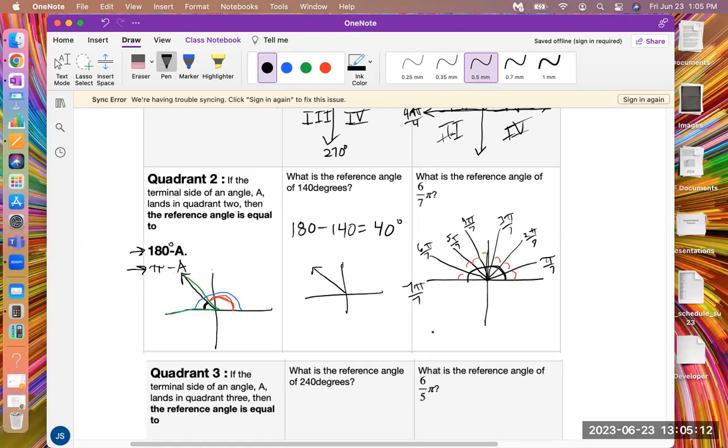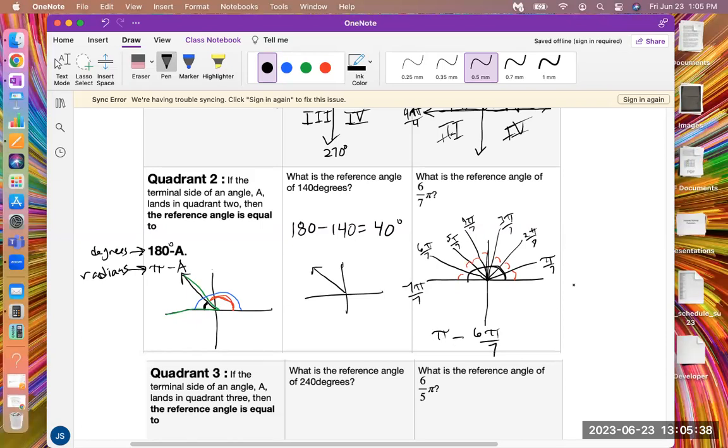So we need to do pi minus 6 pi over 7. Now you could just pop that in your calculator. However, something easier to do would be to just rewrite pi with a denominator of 7.